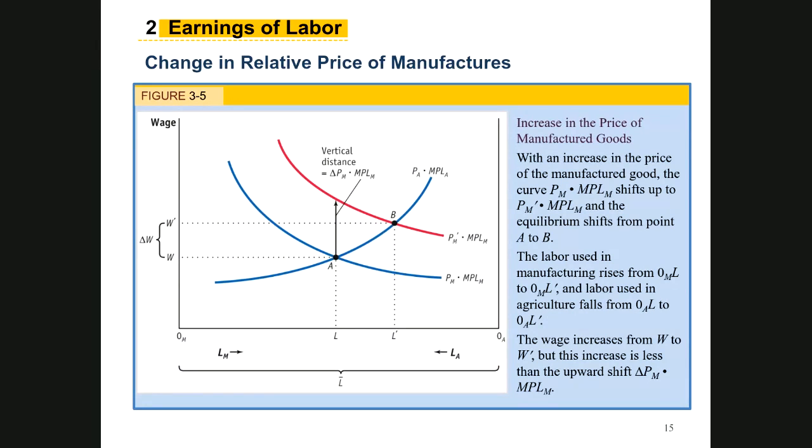So a couple of things are worthwhile to take a look at. After the trade, after the price vector is different, the wage increases and the price of the goods increases.